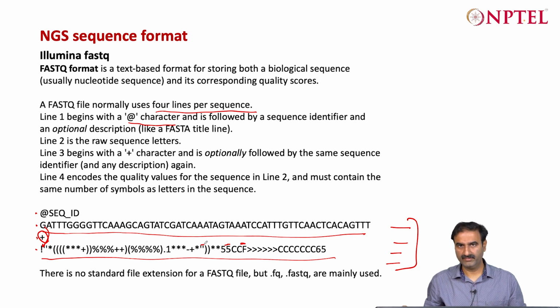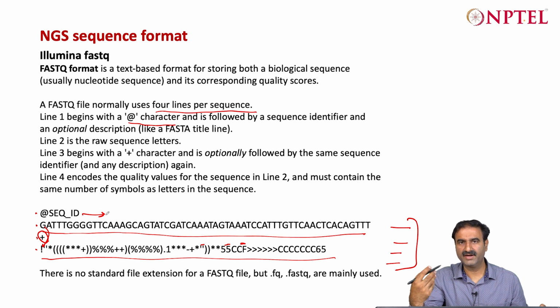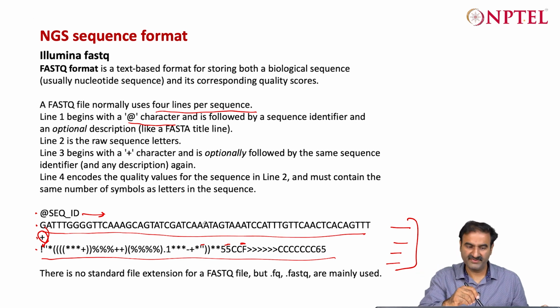So basically you have seen that in 4 lines you are told the sequence ID, which will give information about the machine, run number and other things, the actual sequence, a line with a plus at the start, which is standard, it will not be minus or something, it is always a plus, right, and the quality values for each character that you have reported in the second line, right.